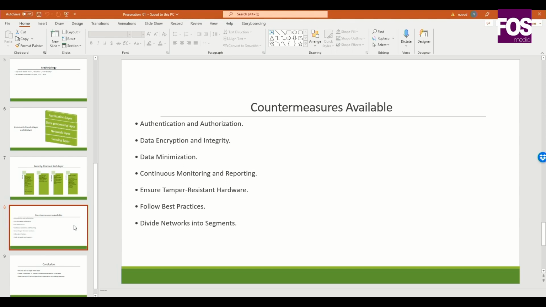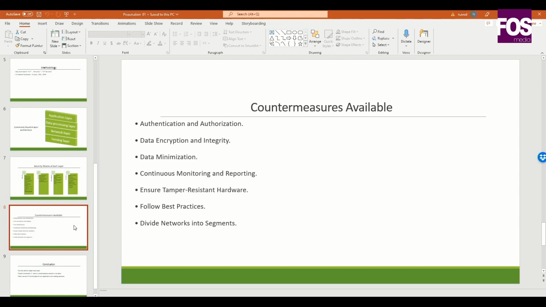And continuous monitoring and reporting, that means by deploying a network operations center, we can continuously monitor all the networking facilities and the critical IoT infrastructure all the time. Maybe we can also incorporate real-time artificial intelligence.